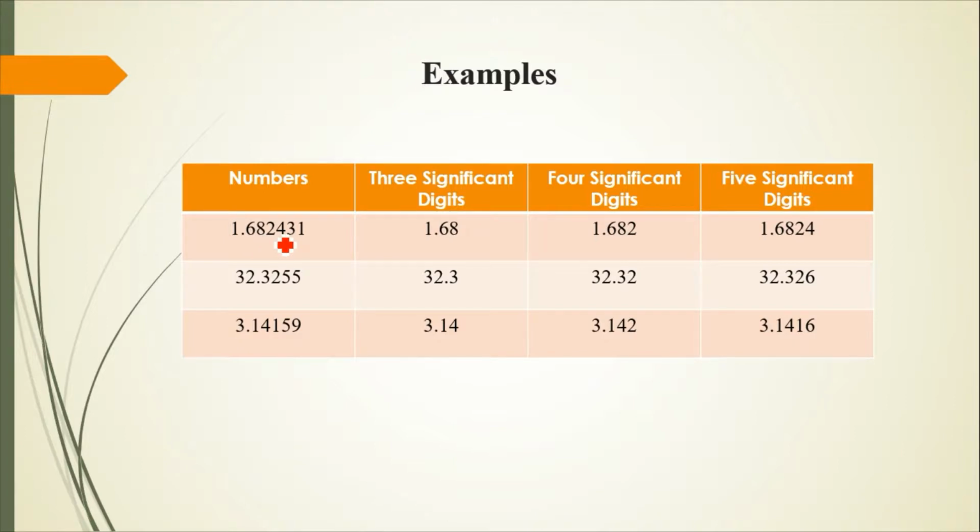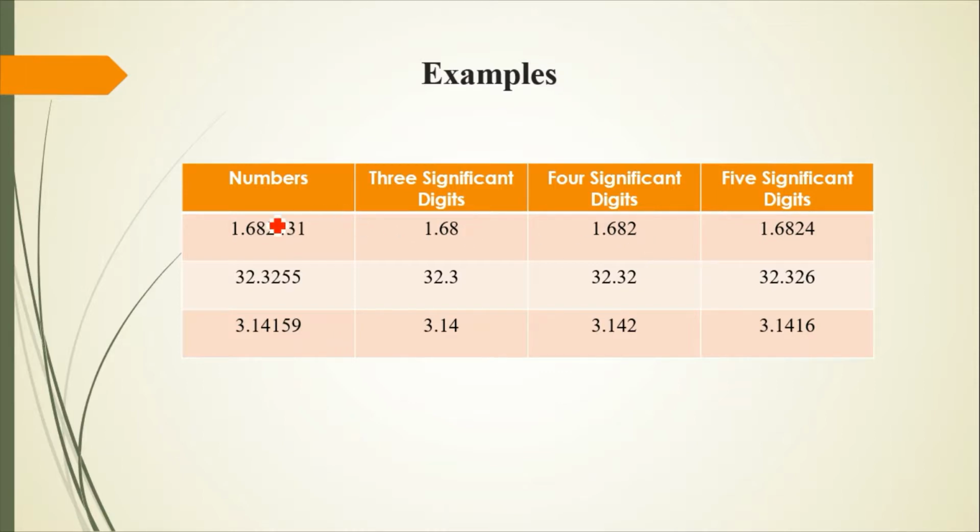So the digit at the 3rd place will remain unchanged. The number is 1.68. Now we have to round off this number to 4 significant digits. We have to check the number which is at the 5th position, 4. It is also less than 5, so the number 2 will remain unchanged, 1.682.